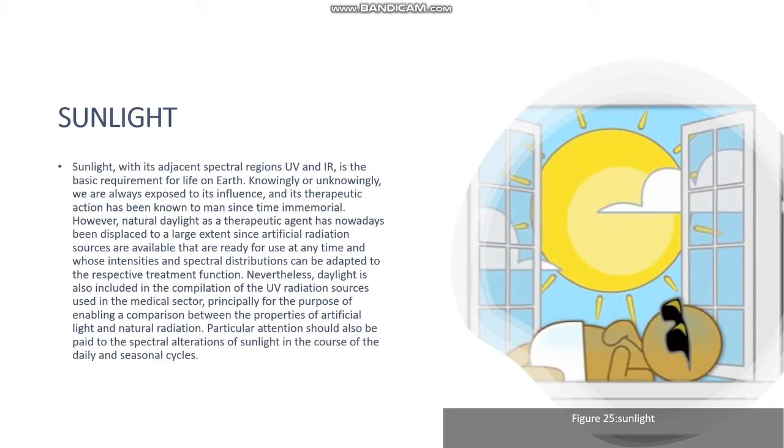Nevertheless, daylight is also included in the compilation of the UV radiation sources used in the medical sector, principally for the purpose of enabling a comparison between the properties of artificial light and natural radiation.